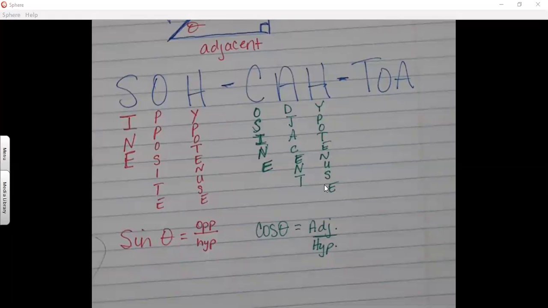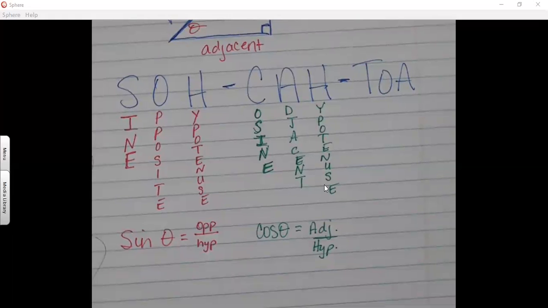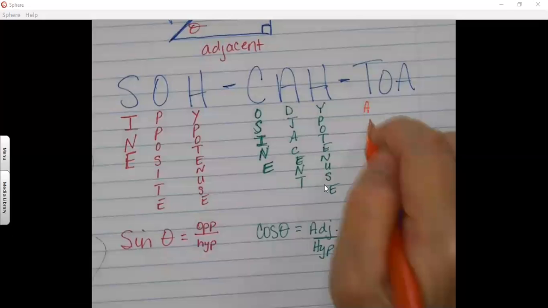And then what do you think TOA is all about? What does the T stand for? Tangent. T-A-N-G-E-N-T. Tangent. To find the tangent of theta, you take the opposite leg and divide by the adjacent leg.